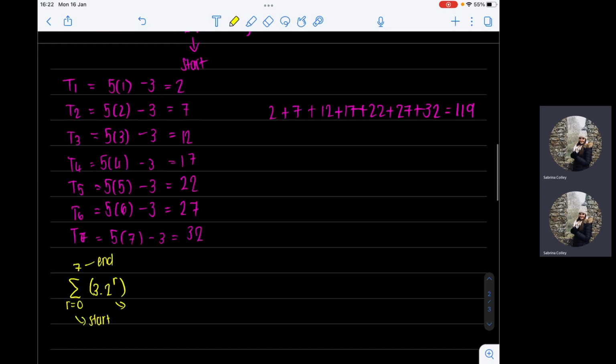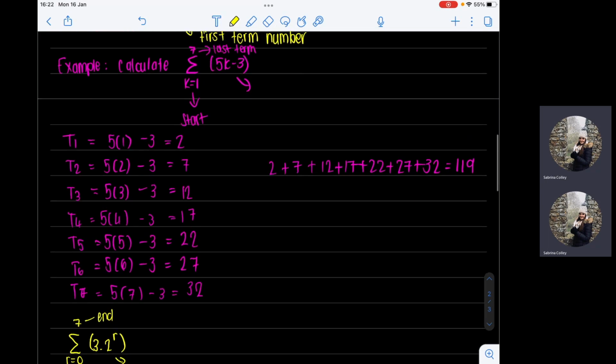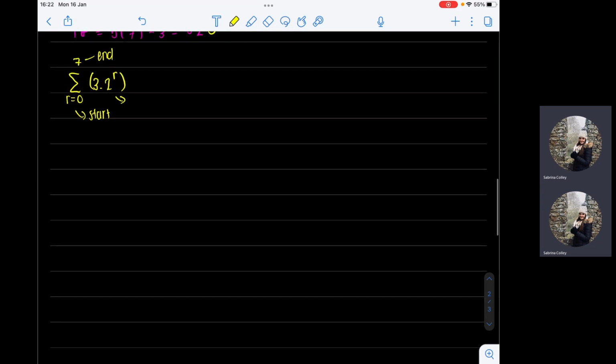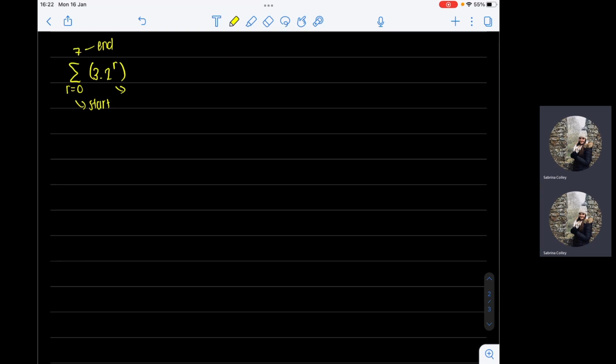If we look at the previous one, it started at term 1 and went to term 7, so that was 7 numbers in total. If I had to go from term 0 to term 7, that would mean I'm adding 8 numbers in total.